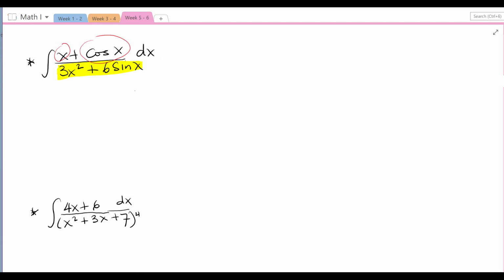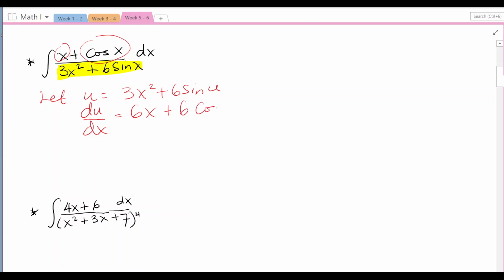So we can let u equal 3x squared plus 6 sin x, because if we take the derivative of u with respect to x, we have 6x plus 6 cos x.